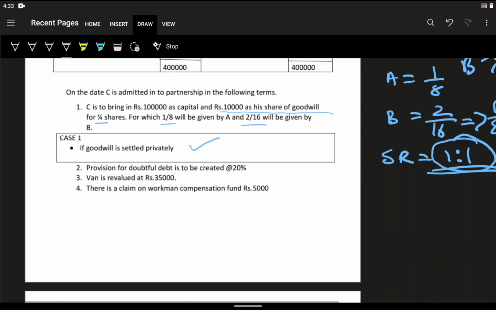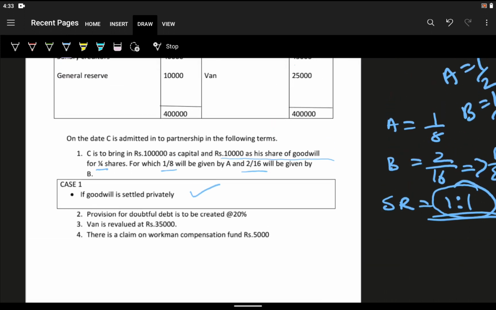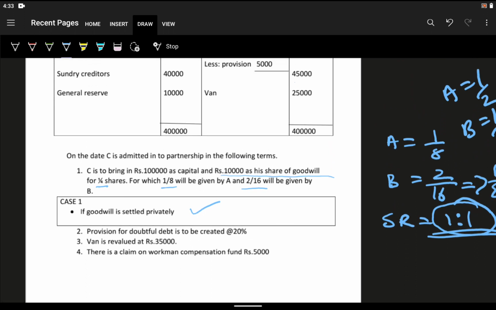Okay, then what are the possible questions that will be coming from the part of goodwill? Hidden goodwill will be coming, but that won't come in an essay question. But another possible question, this is case one, another possible question: if goodwill is settled privately, after coming 10,000 also, the goodwill is settled privately.